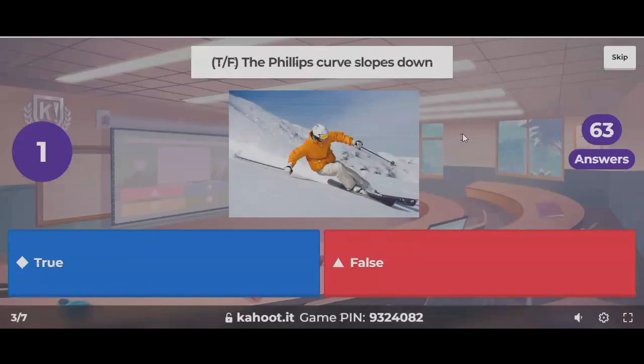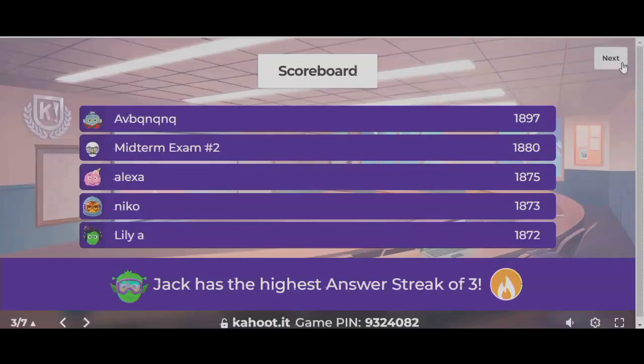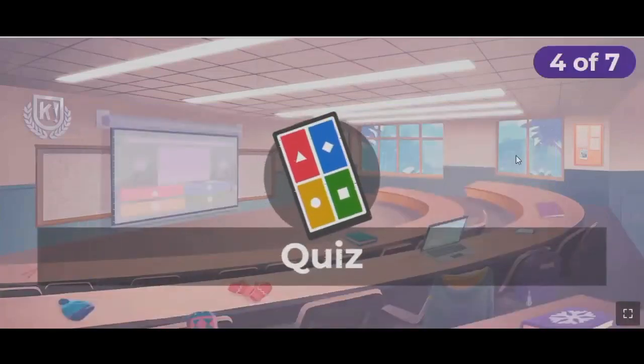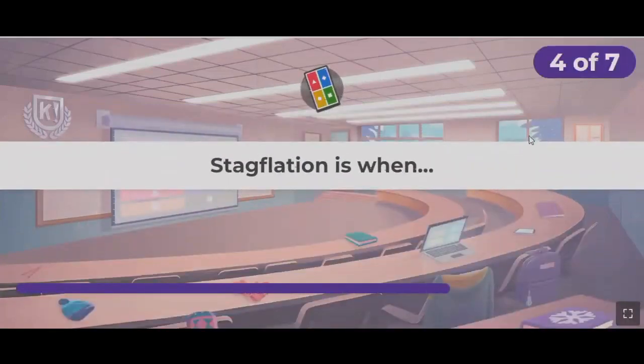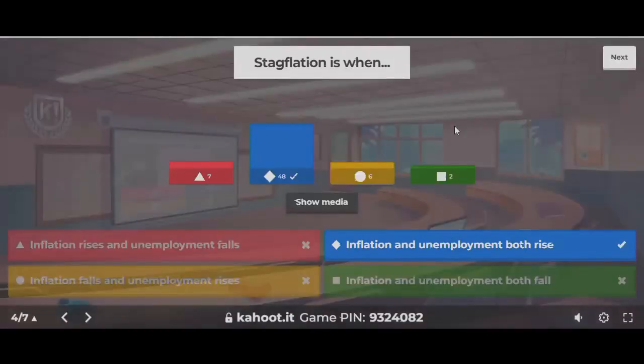Of course, the answer is true. Stagflation is when what? Stagflation is when inflation and unemployment both rise.